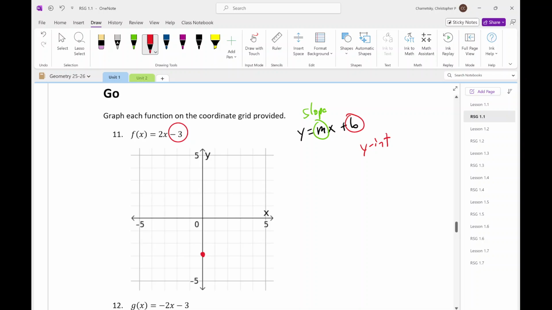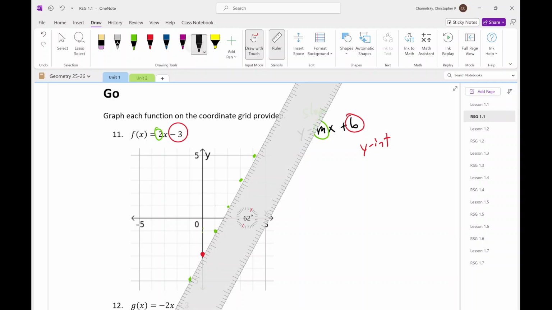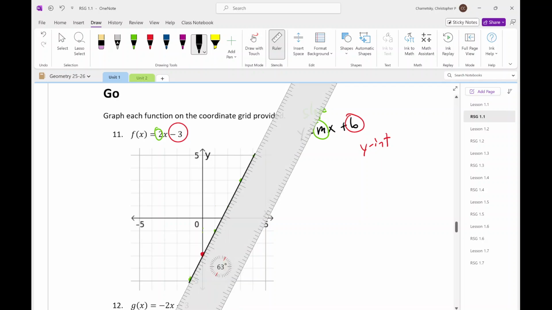There's our y-intercept. Our slope is 2, so we're going to go up 2 over 1, up 2 over 1. Could even backtrack that one point, and go ahead and connect that with the ruler. There we go.